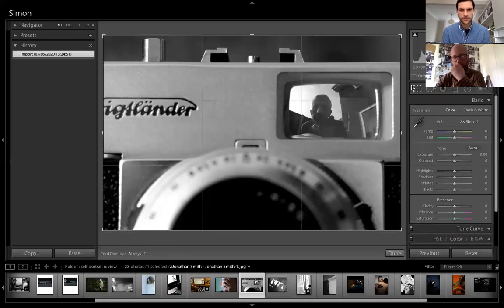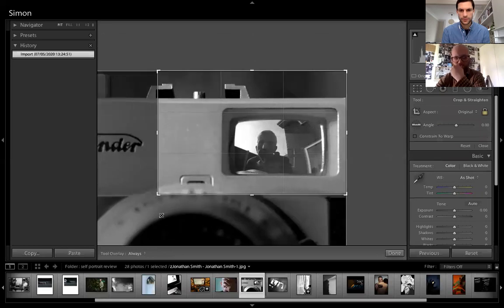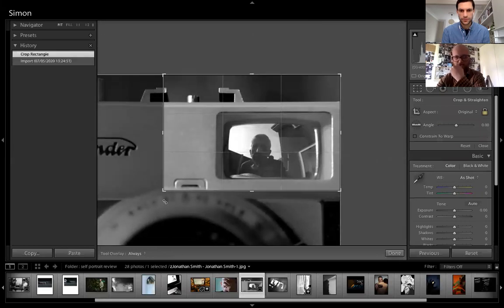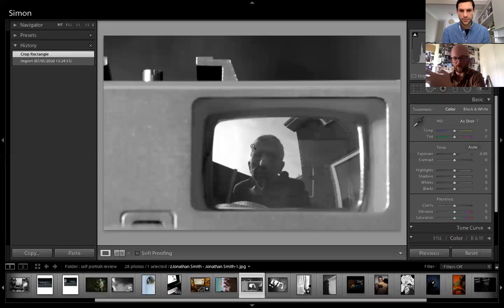Yeah, I think that if we just cropped the whole image to that, it becomes about the person, and then the camera becomes the concept of a camera, because anyone who knows about photography will go, oh yeah, that's a Voigtlander, that's a camera. But if you don't know about photography, and I try to assume that people looking at my photographs are not photographers, what are they going to think? They're going to think, oh, it's someone and they're in this device.